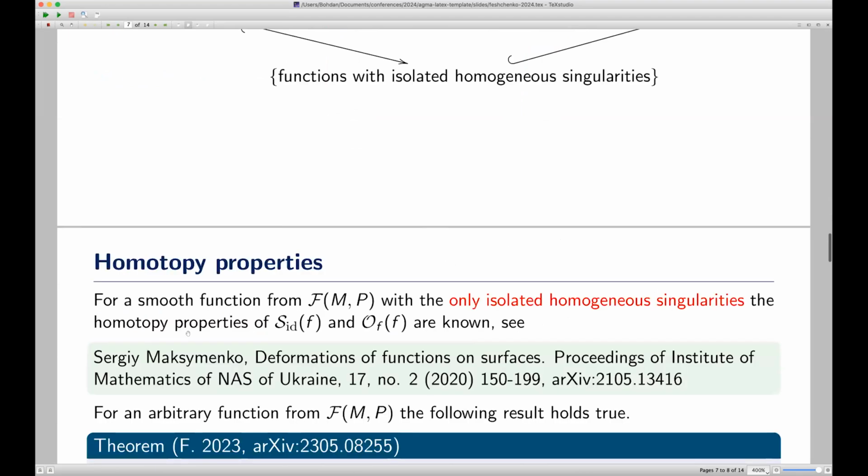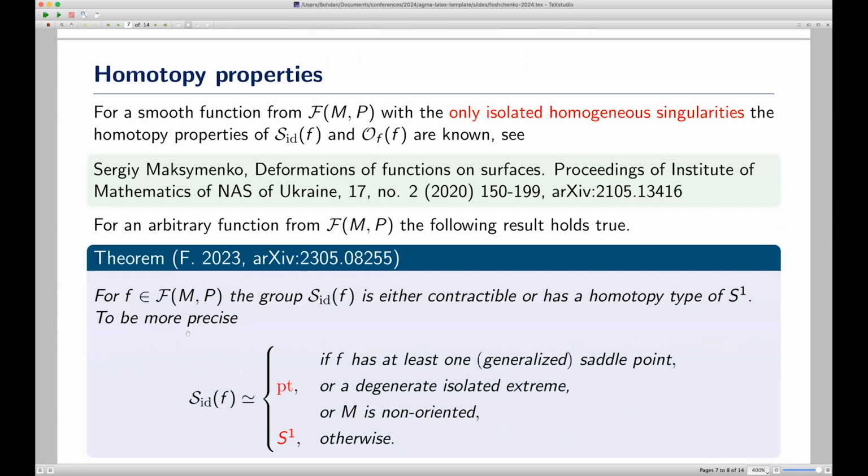The homotopy properties of stabilizers and orbits for smooth functions from this class with only isolated homogeneous singularities are known.